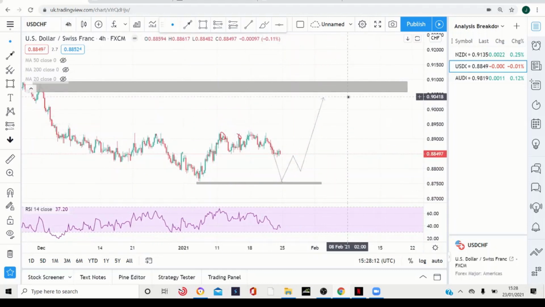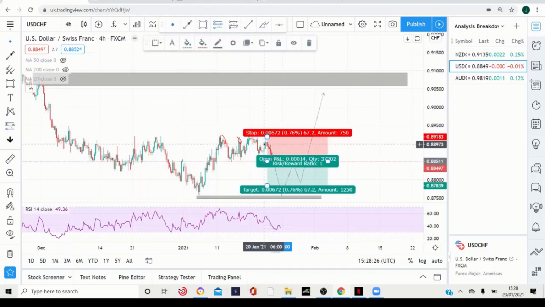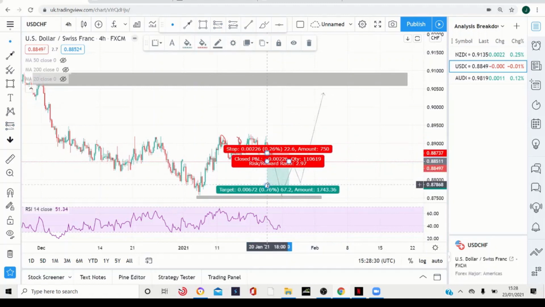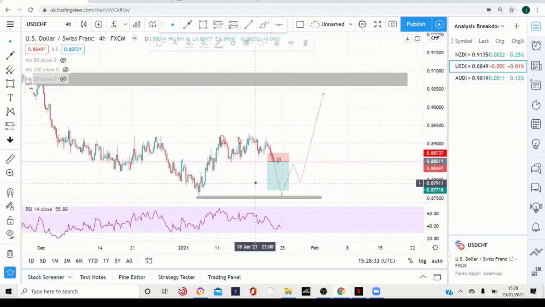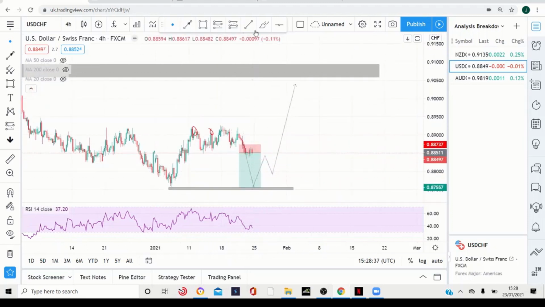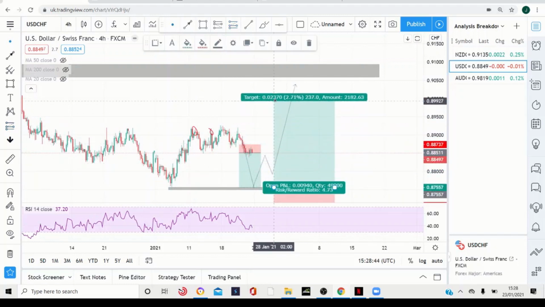This can be our first target in and anywhere around 90.53 on this pair. After we touch that level of support, then we can have a bullish run to the upside.